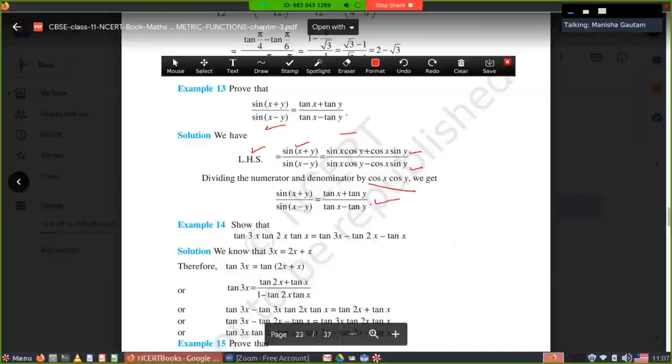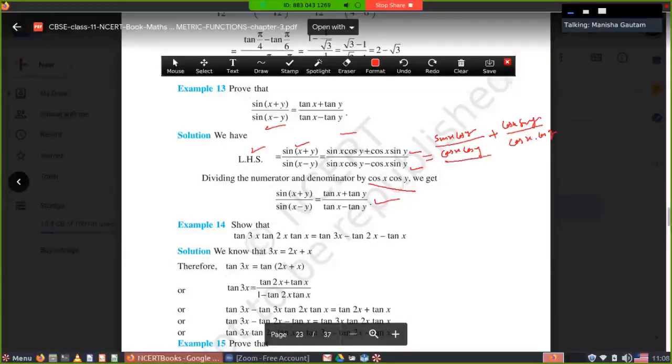Sometimes students don't know how to divide. Here I am telling you how. Each and every term you have to divide by cos x cos y. Write it like this: sin x cos y divided by cos x cos y plus cos x sin y divided by cos x cos y.